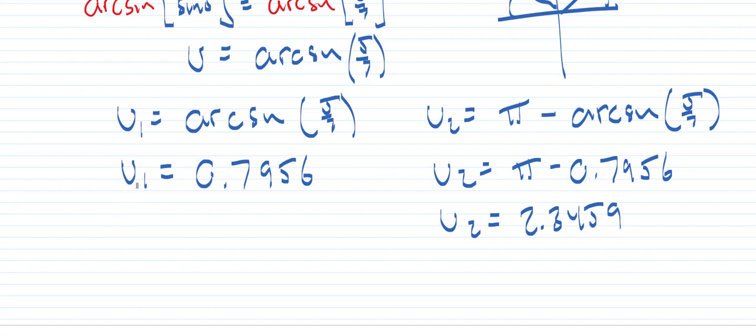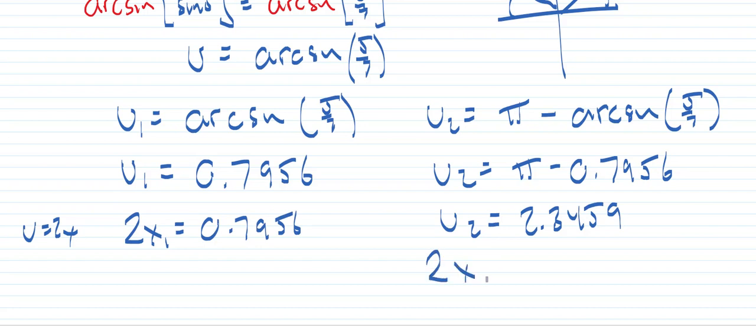But now let's go back and undo our substitution, because remember, u is equal to 2x. So I'm going to replace that here with 2x sub 1 is equal to 0.7956, and 2x sub 2 is equal to 2.3459.